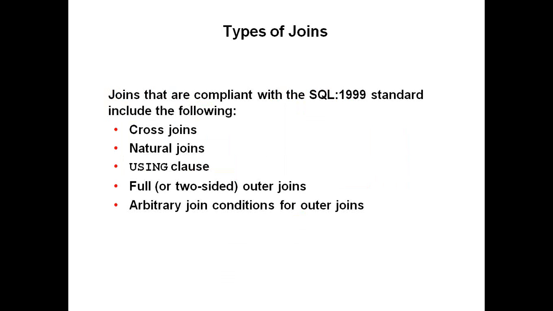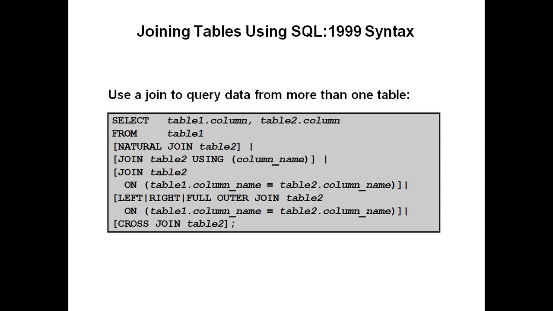The first one is cross join, then the natural join, then joining with the help of the using clause. Then we have outer join, and in outer join itself we have left outer, right outer and full outer joins. And then we have arbitrary join conditions, especially for outer joins. So let us go and see what all these are.